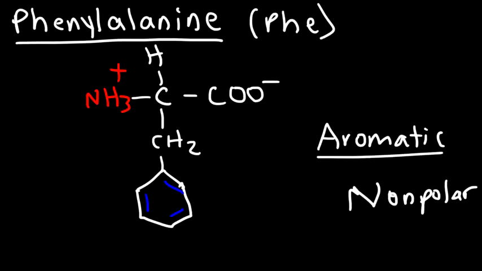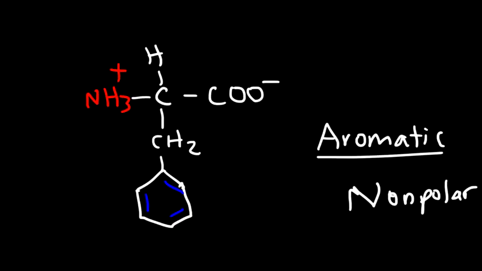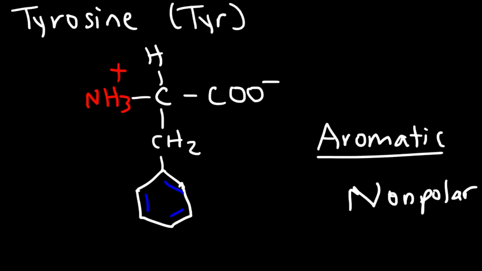Now the next one that we're going to consider that's similar in structure to phenylalanine is tyrosine. Tyrosine has the abbreviation TYR. Now, tyrosine looks exactly like phenylalanine.